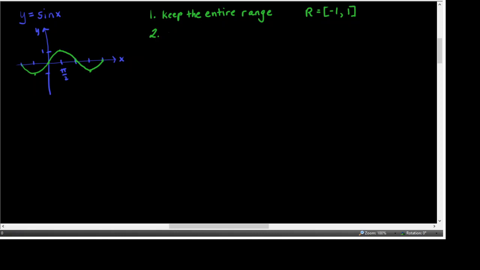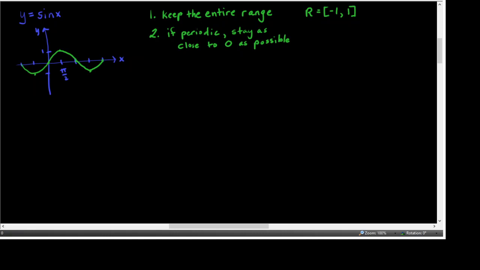If the function's periodic, stay as close to 0 as you can with your restriction. Okay.